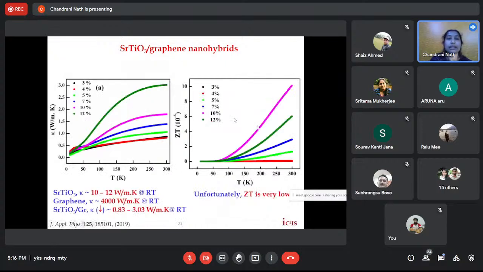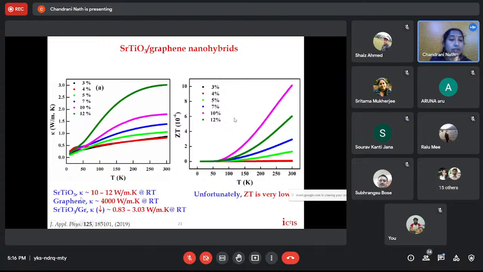Next, let us move into the thermal conductivity and ZT plots. As I have already told, we have included graphene as a nanofiller to increase phonon scattering, and we have been successful in decreasing the thermal conductivity.